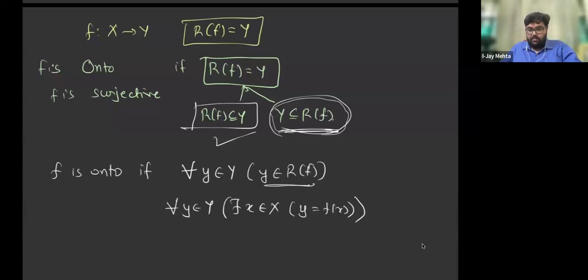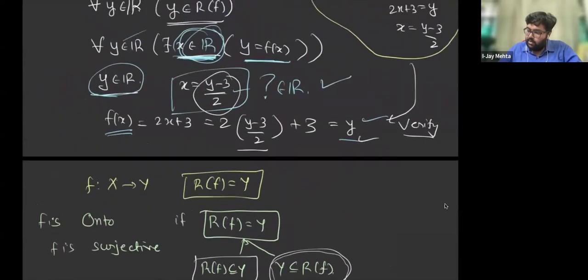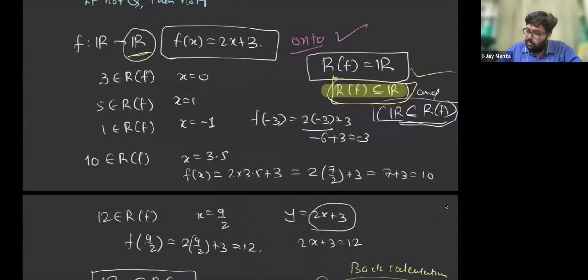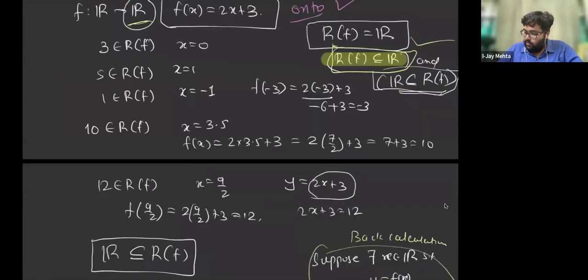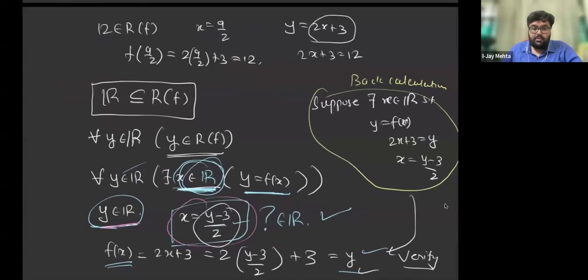So now our definition is this. F is onto if, when we check this, that's it: given any y in y, there exists x such that y equals f of x. And here we have seen one example. This is an onto function, because given any y, I gave you y, you gave me x such that f of x equals y.